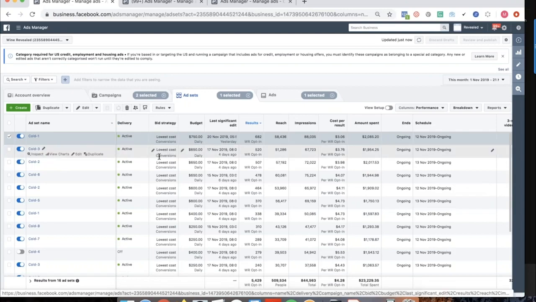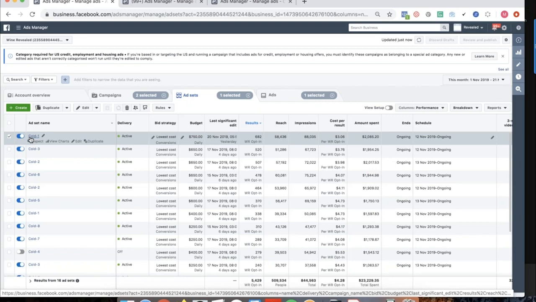If you have budgets set at the ad set level, like you see here, for horizontal scaling you can simply take the post IDs of the ads that you're already using and create new ad sets with new targeting using those same post IDs. The reason you can do that is because when you have budget set at the ad set level, you can add new ad sets into those campaigns without throwing off the optimization of the campaign.